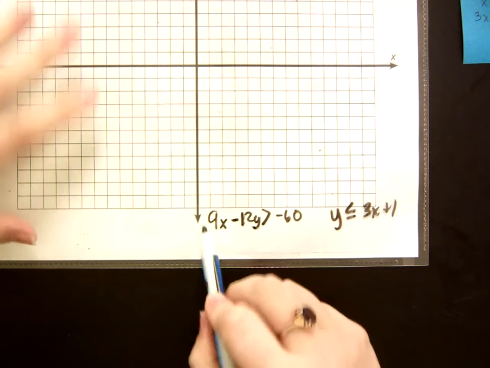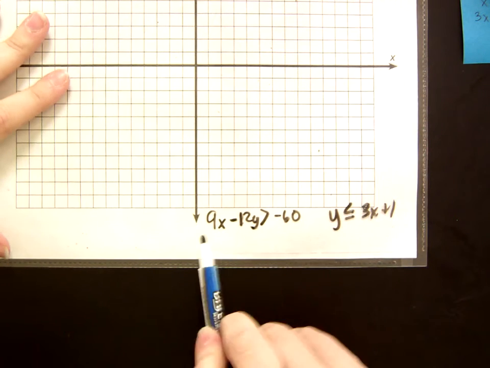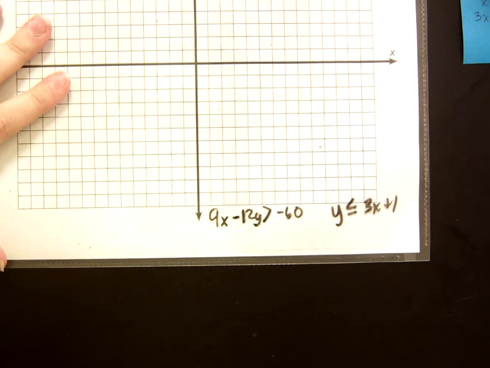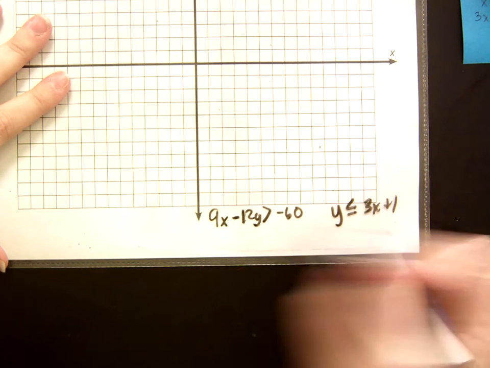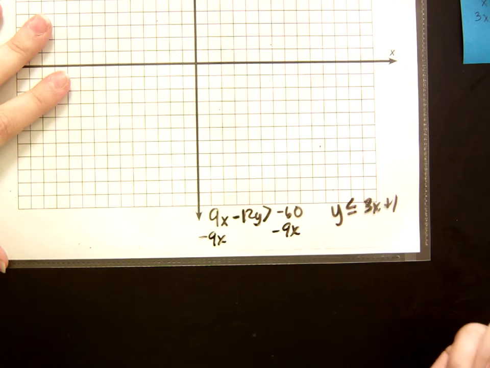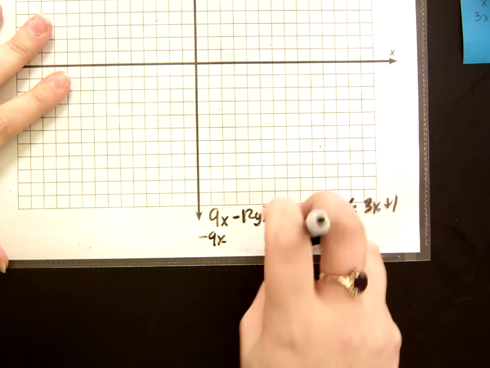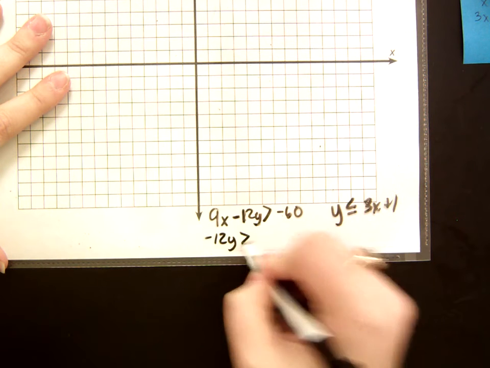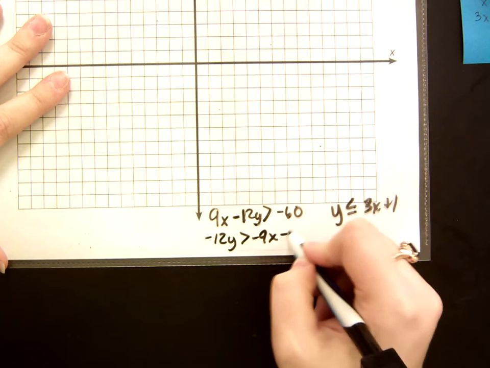So the reason I wrote this one this way is to show you that sometimes it's not in slope-intercept form. If it's not, that's the first thing you need to do, is put it in slope-intercept form. So in order for me to graph this, I first have to subtract 9x from both sides. When I subtract 9x from both sides, I'll get negative 12y greater than negative 9x minus 60.